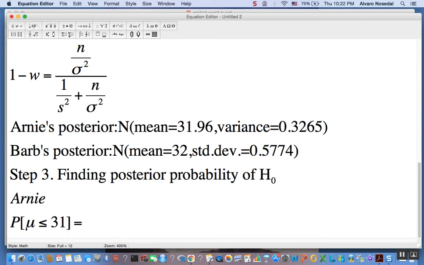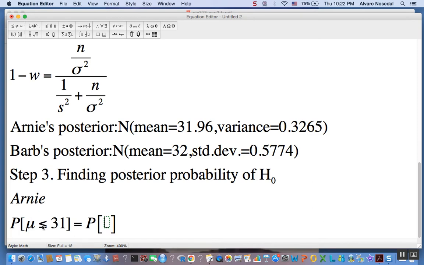So we know that if we're going to be using a table, for instance, what we have to do is standardize first. So we just would need to subtract the mean and divide by the standard deviation.